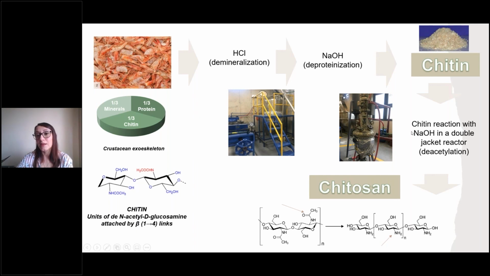Then the chitin is converted to chitosan by the deacetylation process in this reactor. So we modify the structure to get these functional groups, primary amine groups, that makes chitosan soluble in light acid media. That has some advantages.